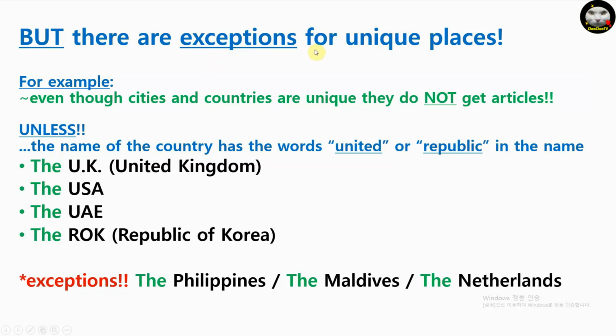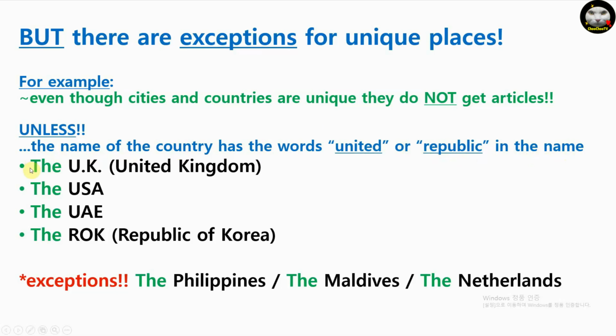But there are exceptions for unique places. For example, even though cities and countries are unique, they do not get articles unless the name of the country has the words United or Republic in the name.